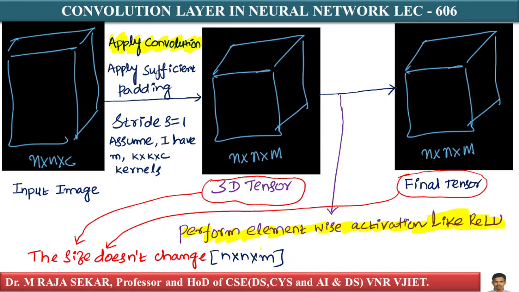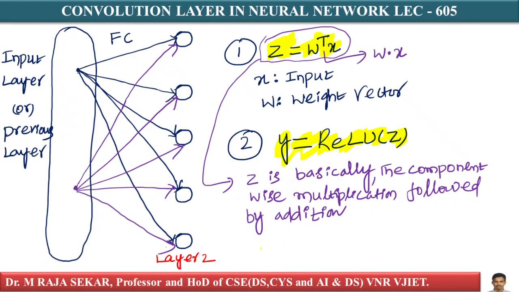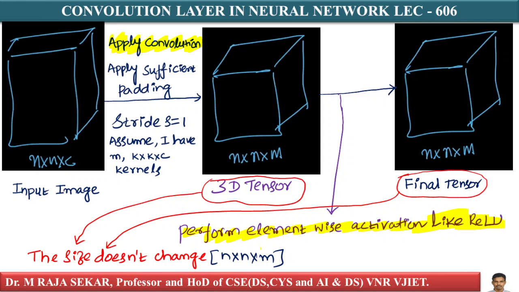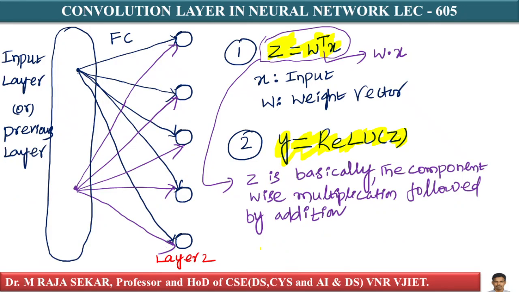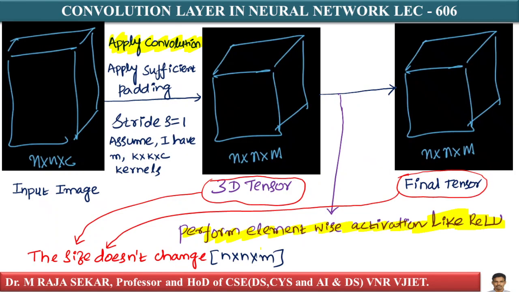I request you to compare this diagram, which is related to the multi-layer perceptron, where Z equal to W transpose X, which is equal to W dot X. Here you are applying convolution in the case of CNN. The second step is applying ReLU on top of Z, here on top of this 3D tensor.